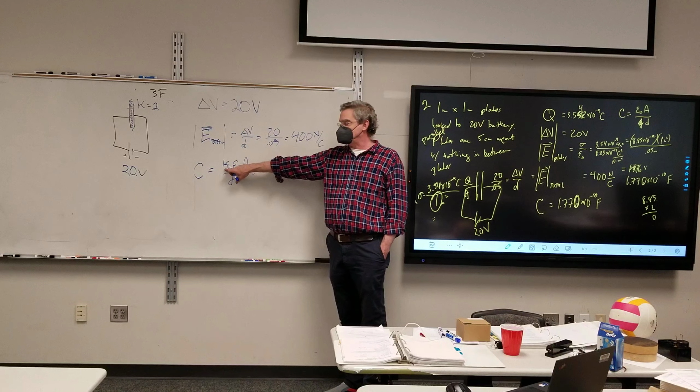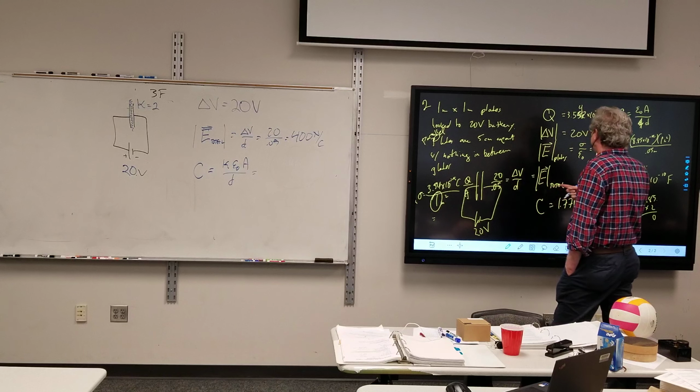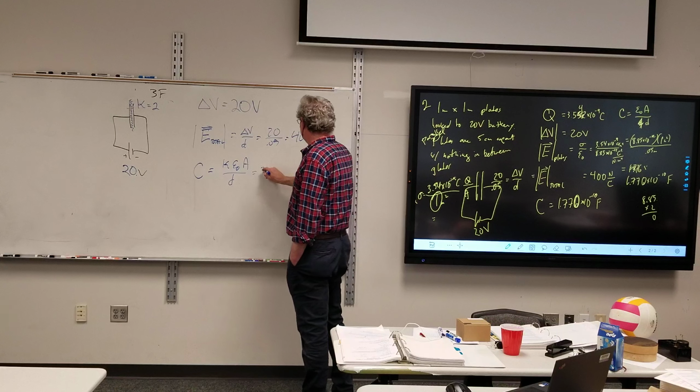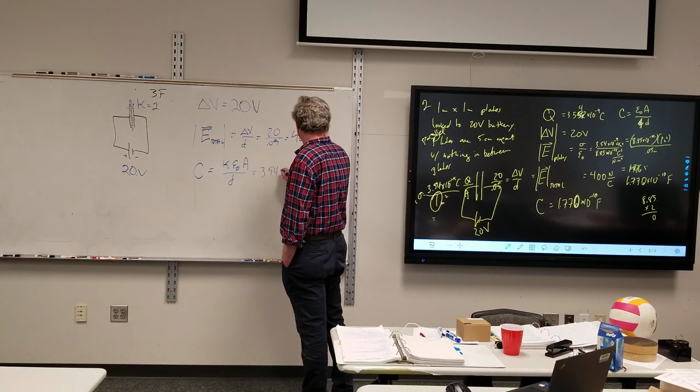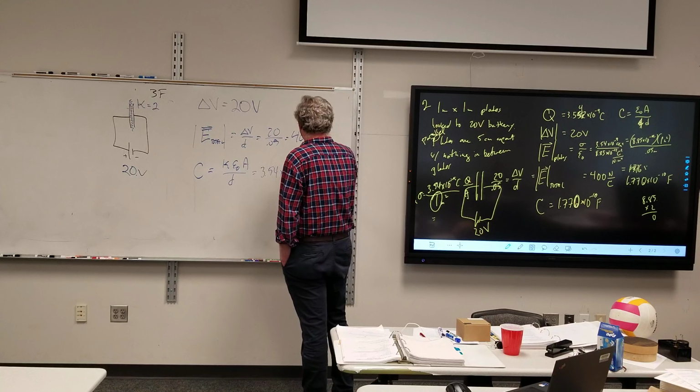The only thing that's changed is this value of kappa, so my capacitance is just twice what it was before: 3.54 times 10 to the negative 10 farads.